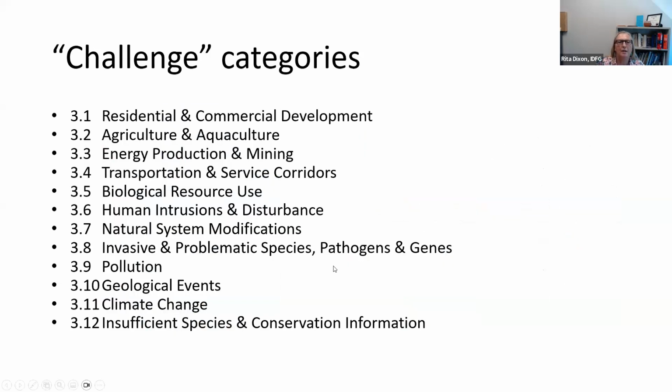Zach touched on this in his presentation in terms of the Conservation Measures Partnership, both what they refer to as the taxonomy of threats, and then Zach also included the action category. In our latest State Wildlife Action Plan revision, our agency opted, instead of referring to these as threats, to use the term challenge instead of threat.